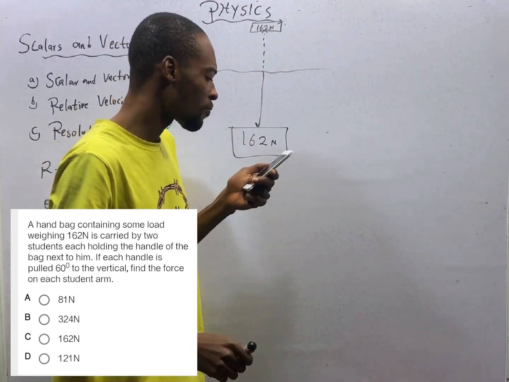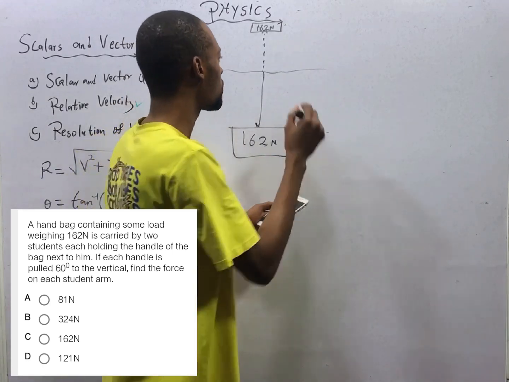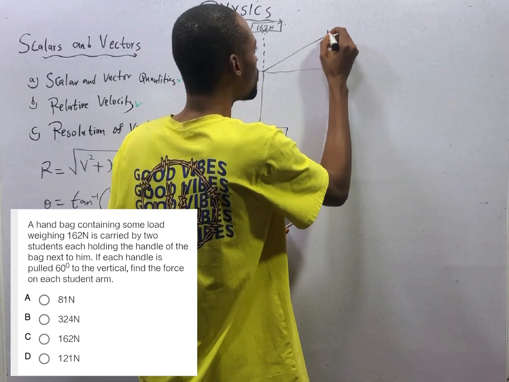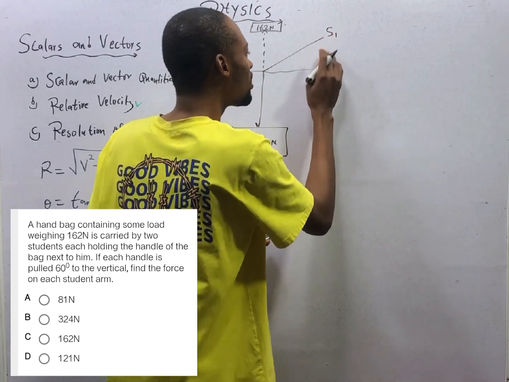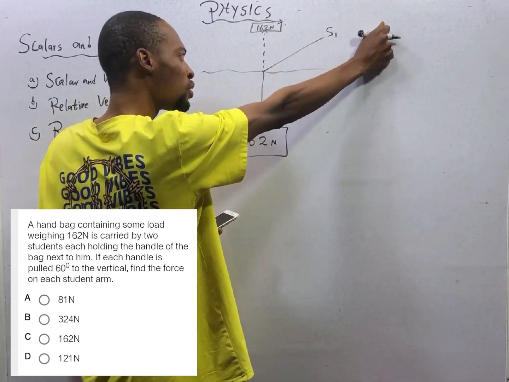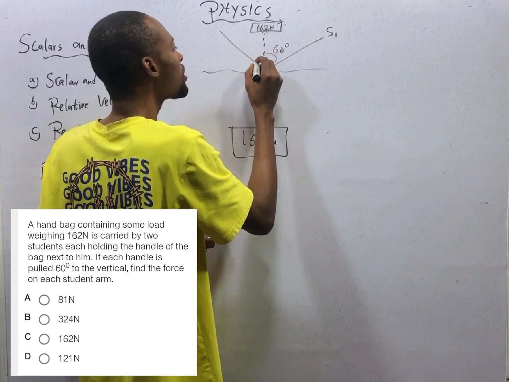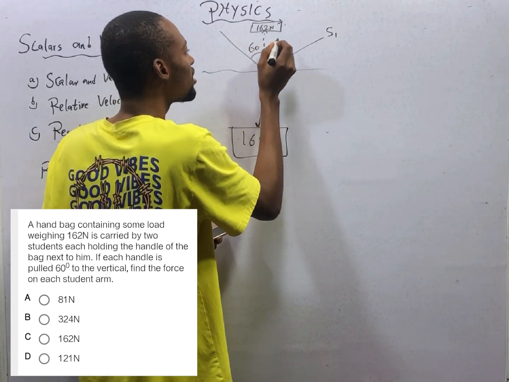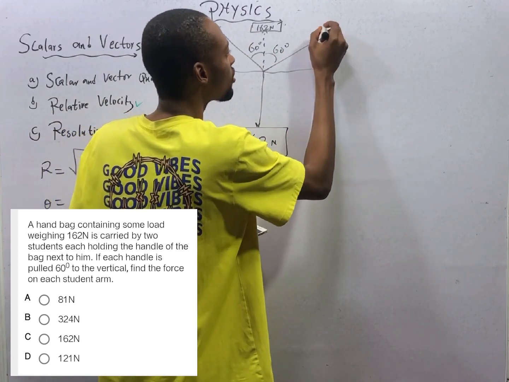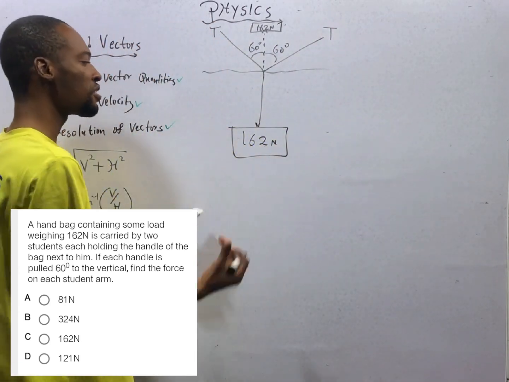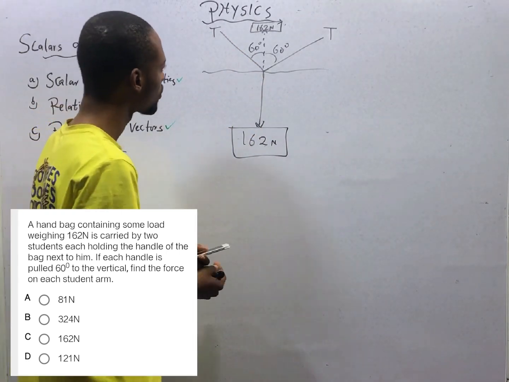Now we are told that each handle is pulled at 60 degrees to the vertical, so student 1 is holding this handle at 60 degrees. Student 2 is holding the second handle at 60 degrees. So this is the first tension, this is the second tension, the forces acting opposite to the weight.